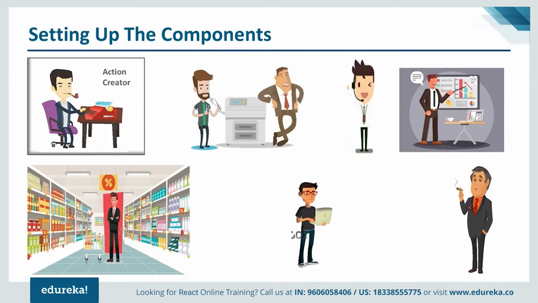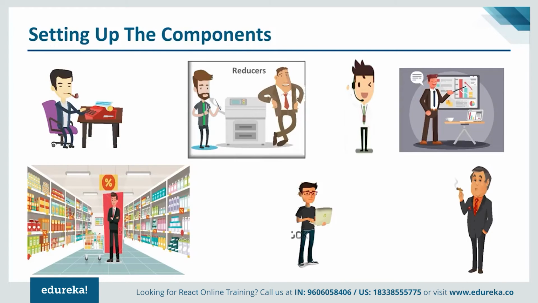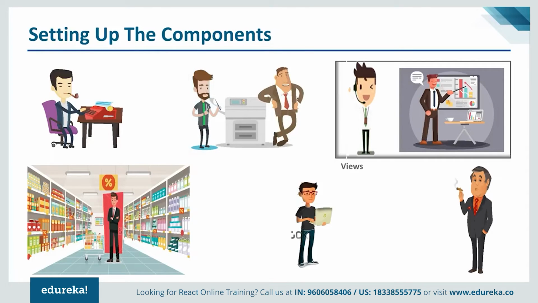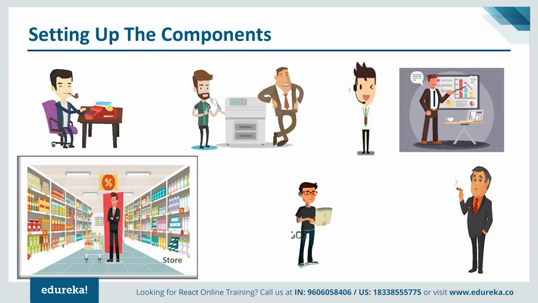Now these are the various roles which are used in setting up the components. So first one is the action creator. The second one are the reducers. The third one is the views, this is the view part of the application. The fourth one is the store.